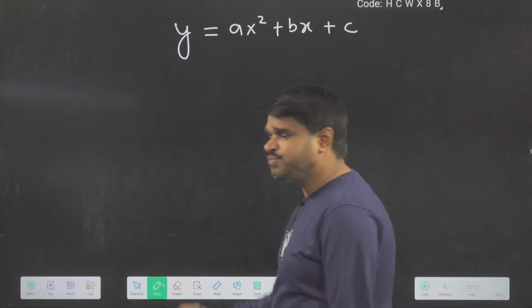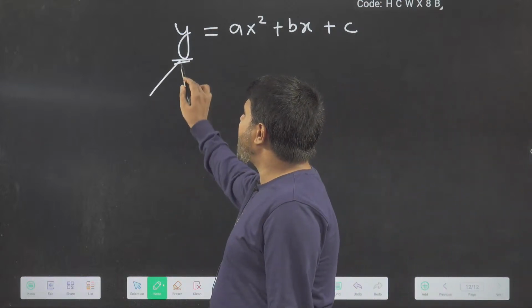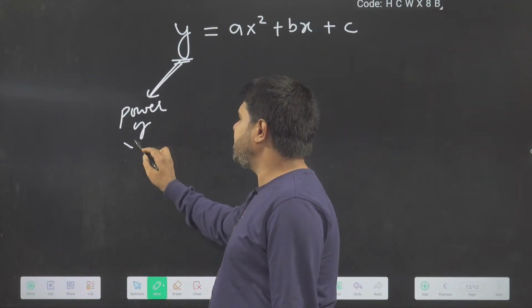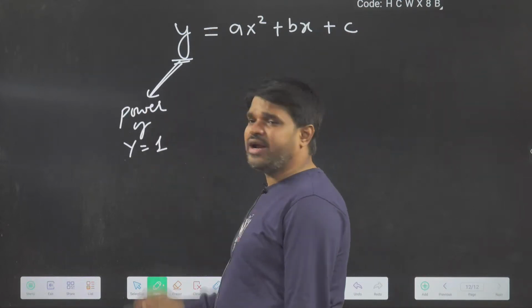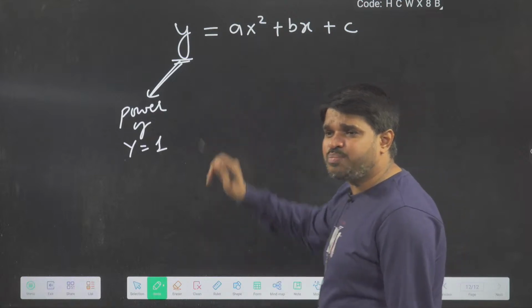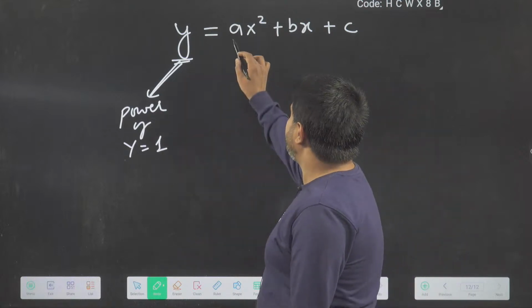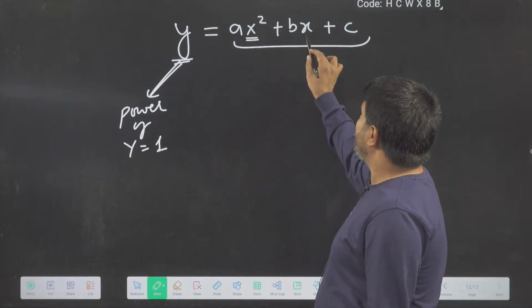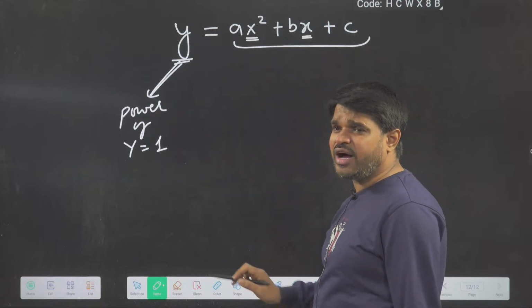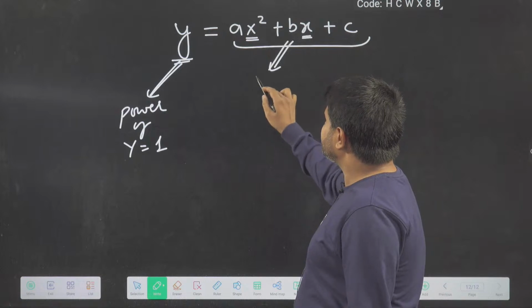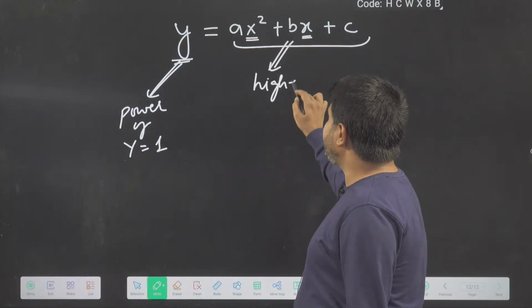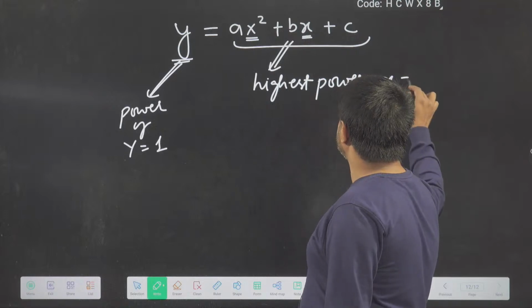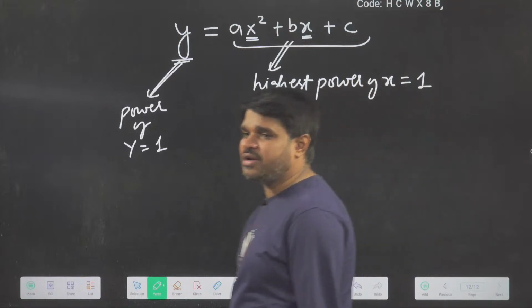Remember, here the power of y is what? 1. What is the power of x here? 2. What is the power of x here? 1. So what is the highest power of x? 2.